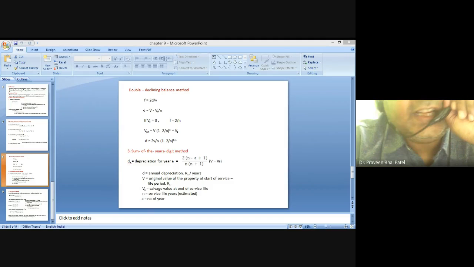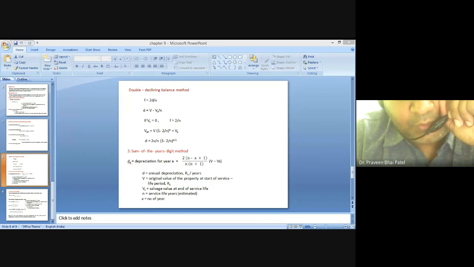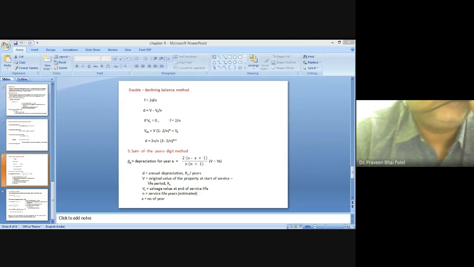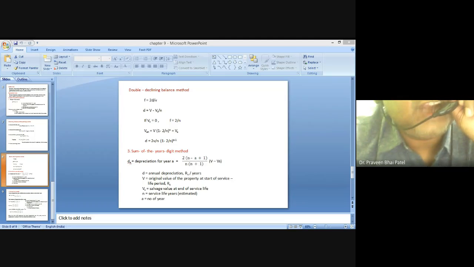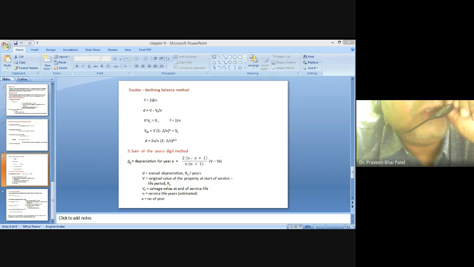Now coming to the second year, my main value will change. My main value will be 24,000, because we have deducted 6,000 rupees from the original value of 30,000.